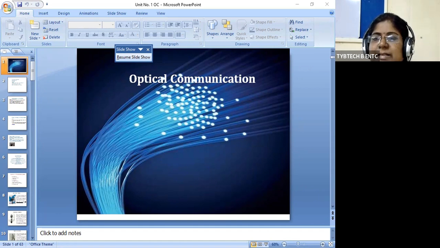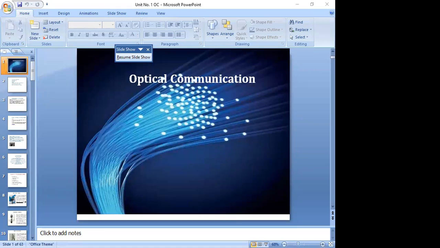So here a general description is given: wireless communication versus wired communication. Wireless means what? Can you tell me any example of wireless communication? Mobile is there. Then Bluetooth.